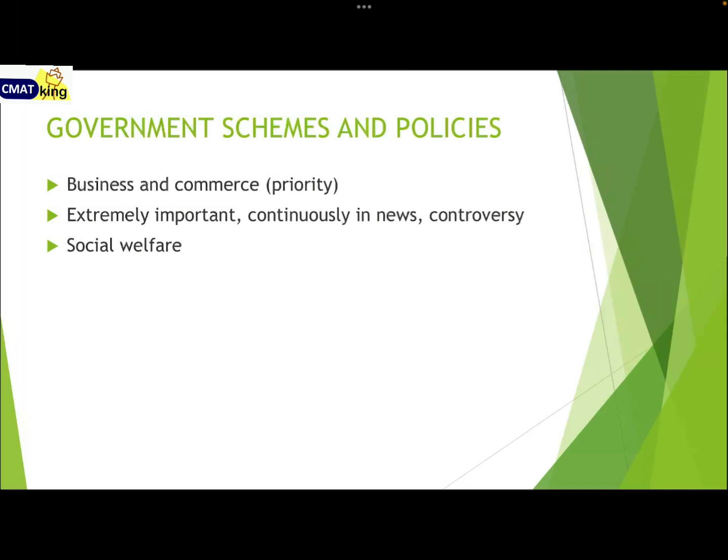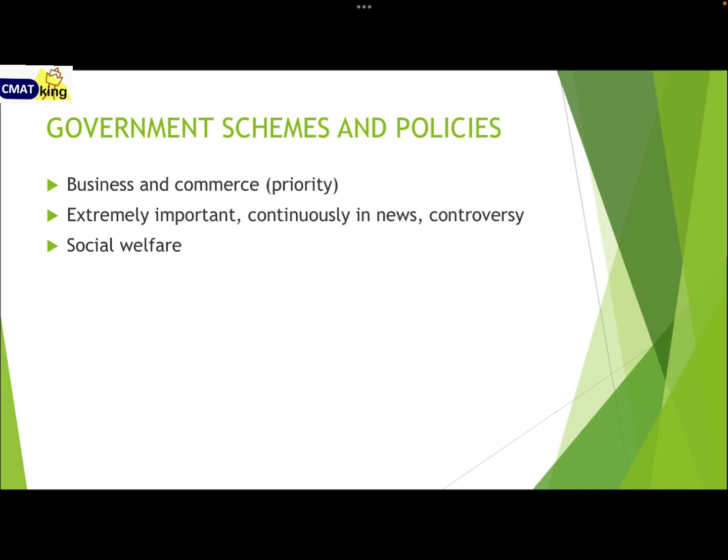Next would be government schemes and policies. Here, the most important government schemes and policies are that of business and commerce. Apart from that, you have to go through extremely important ones, or those which are continuously in news, or because of certain policies due to which there is a controversy. For example, the farm laws, there were protests for that.